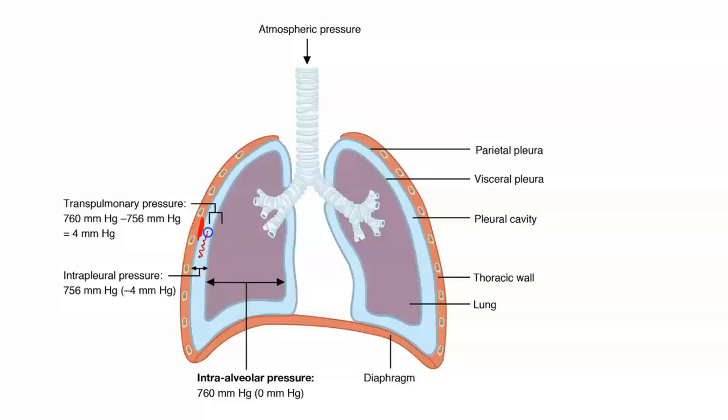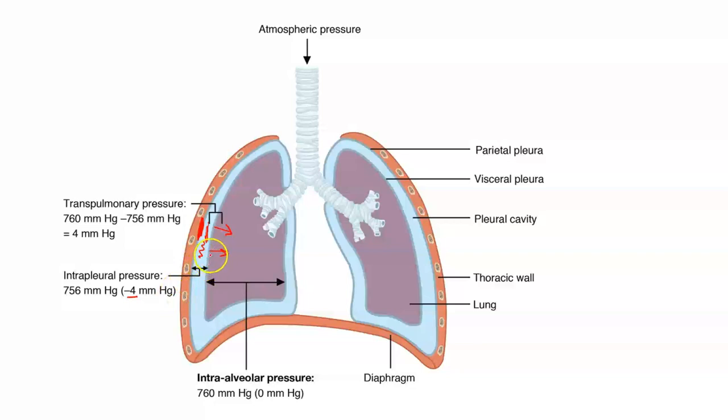There's only so much fluid in here, and so the elasticity of the lungs will start to pull, but it can only get so far because it creates a vacuum in this space, and the forces of elasticity are not great enough to overcome that vacuum, which is about a -4 millimeters mercury pressure here.